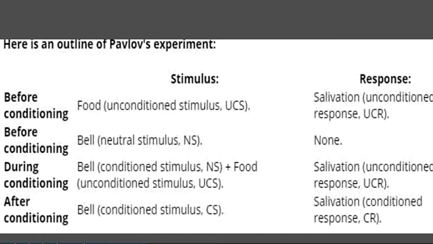So here is the outline of Pavlov's experiment. Before conditioning: food, unconditioned stimulus. Before conditioning, bell sounds. This is a neutral stimulus. During conditioning, bell, conditioned stimulus, plus food. This is now the unconditioned stimulus, UCS.